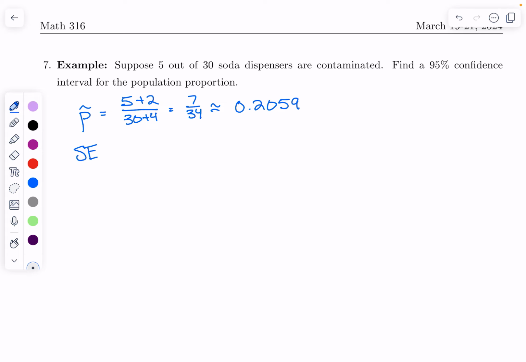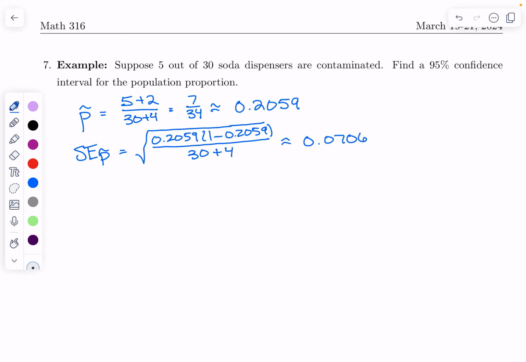Our standard error for p tilde is going to be the square root of 0.2059 times 1 minus 0.2059 over 30 plus 4, which is approximately 0.0706.